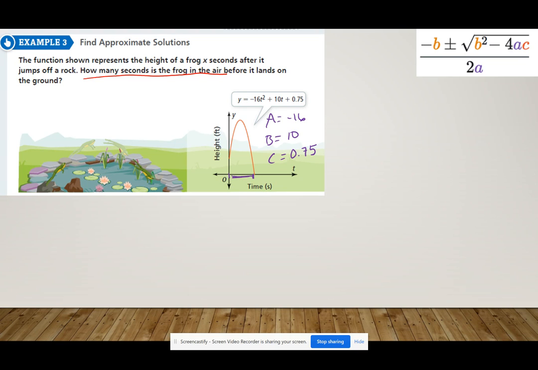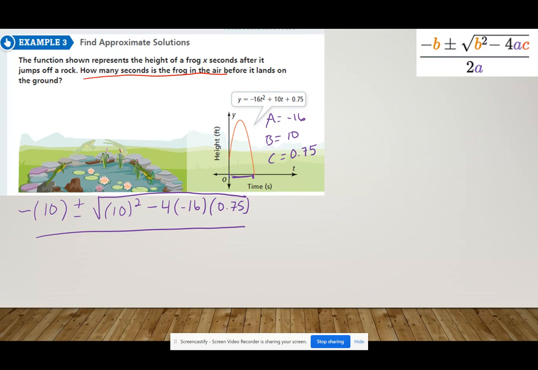So we are just going to substitute everything we know. We have the opposite of B, which is 10, plus or minus square root of B squared minus 4AC, all over 2A.